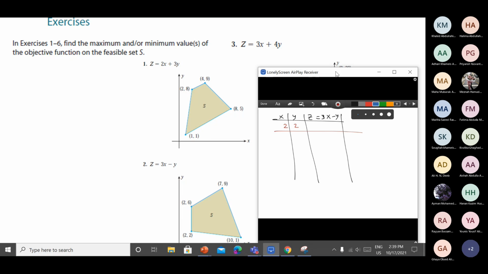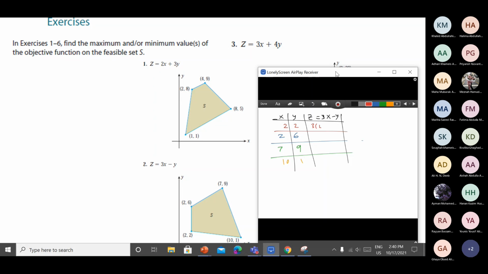The second point is 2 and 6. The third point is 7 and 9. And the last one, 10 and 1. Now let's substitute here to see what is the value of Z.